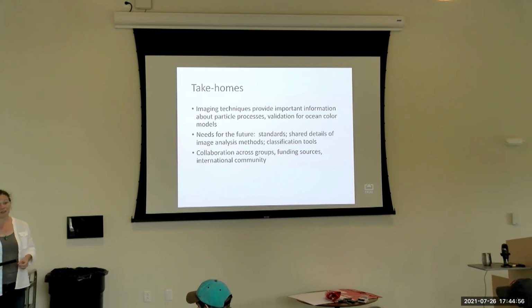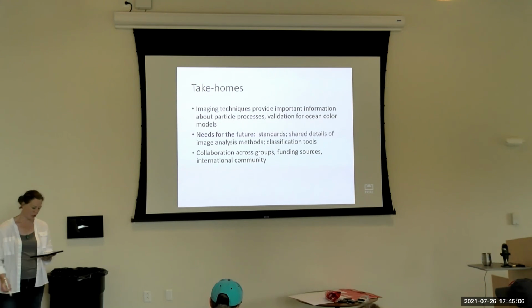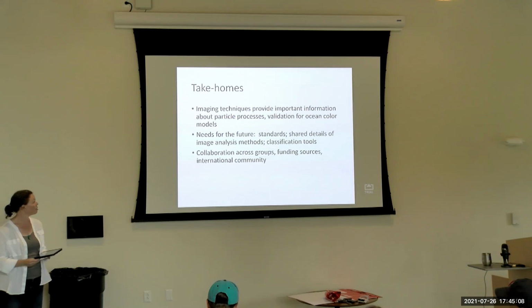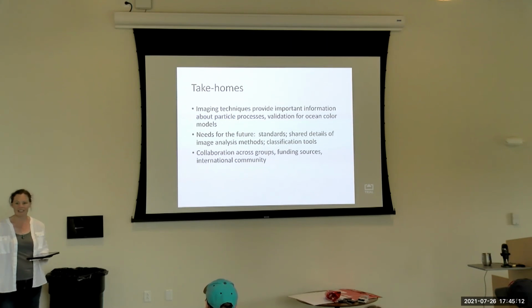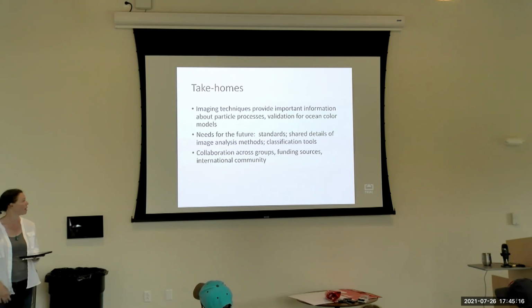There's a lot of needs for the future, including sharing details of these methods, and coming up with standardized ways of comparing one sensor to another, sharing classification tools, developing classification tools that are consistent from one sensor to another and from one environment to another. And this is going to require a lot of collaboration, obviously. But that's cool, because we're all here.